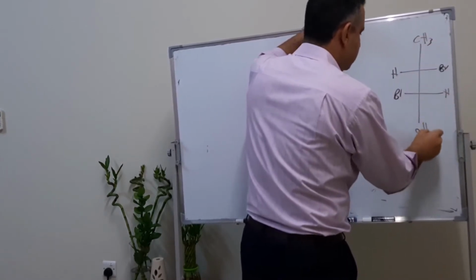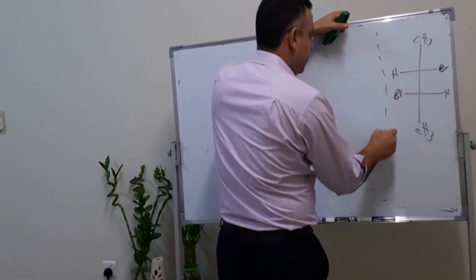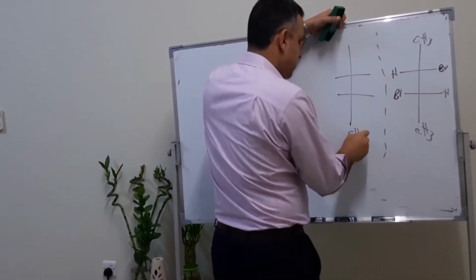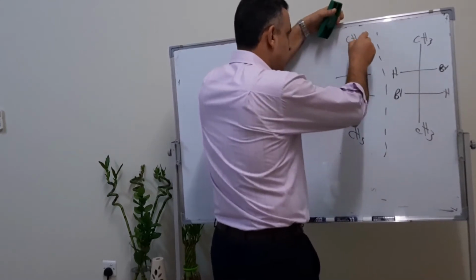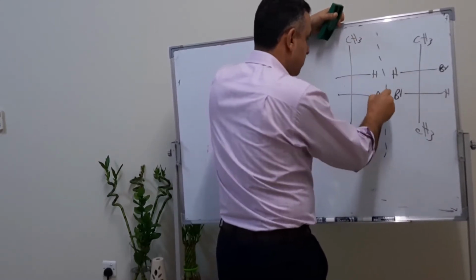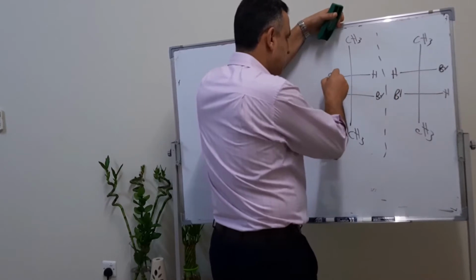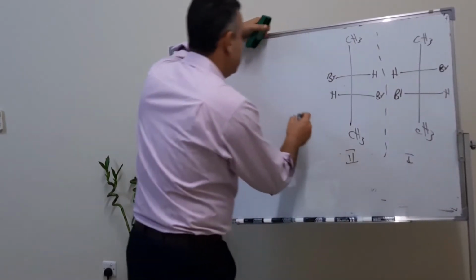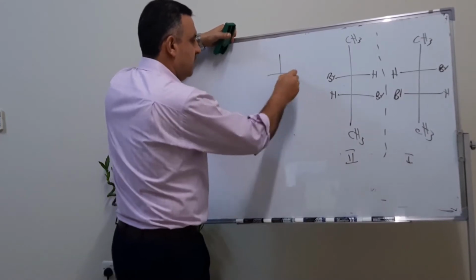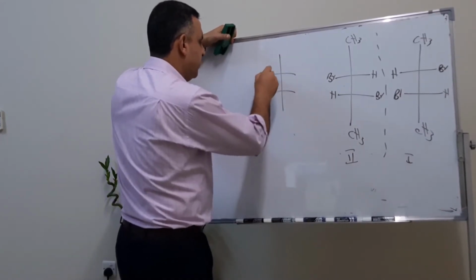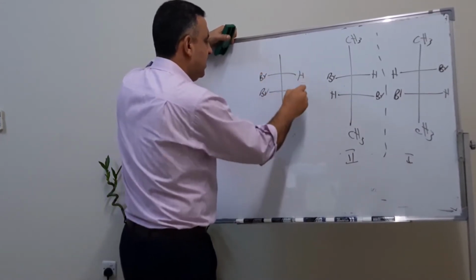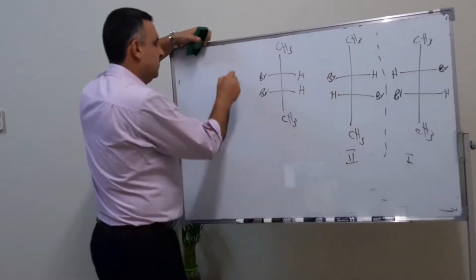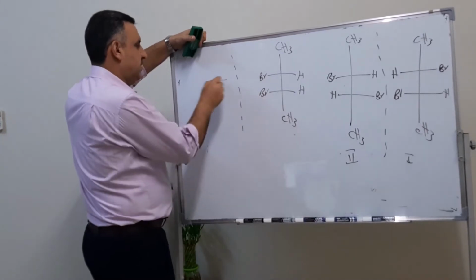So this is the first stereoisomer. The mirror image will be this one. So this is number 1, this is number 2. And then we do have number 3 and 4. So we have Br, Br, hydrogen, hydrogen, methyl, and methyl. The mirror image is this one.